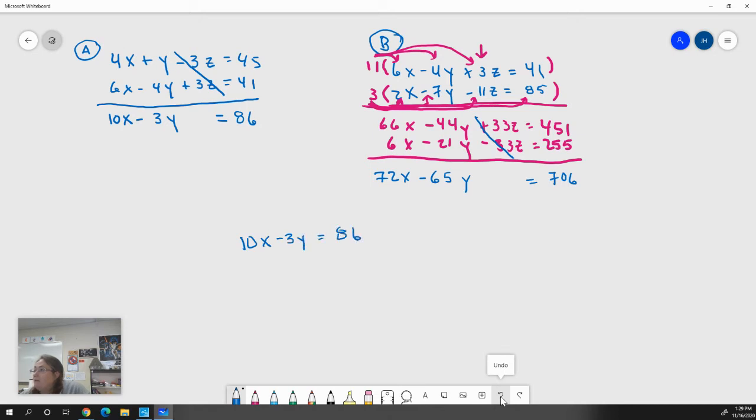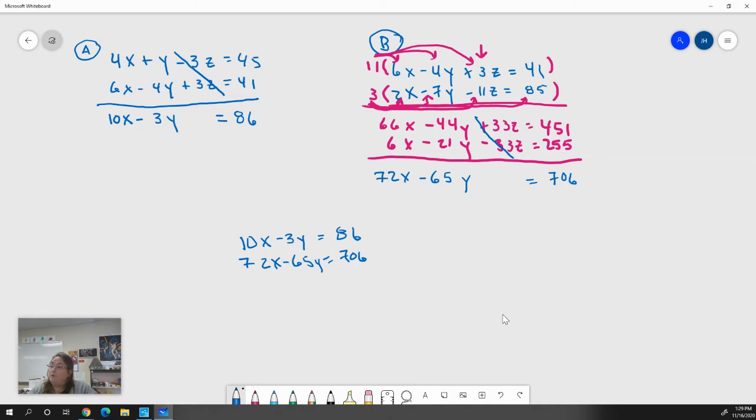And then we've got 72x minus 65y equals 706. These are big numbers. They're not always going to be big numbers, but in this case, we're dealing with some pretty big numbers. I didn't make up the problems. I just copied them out of a book.